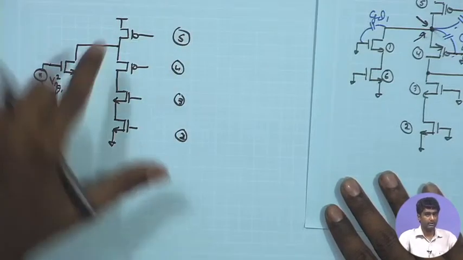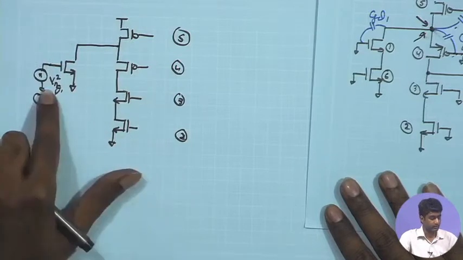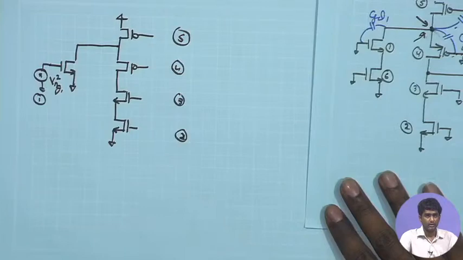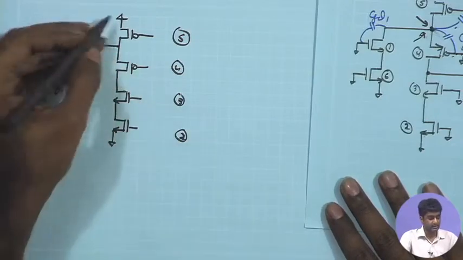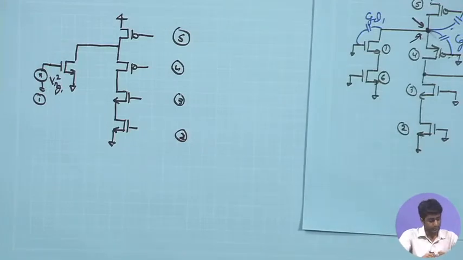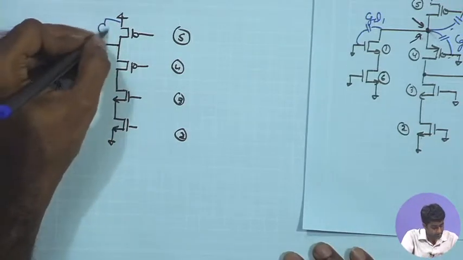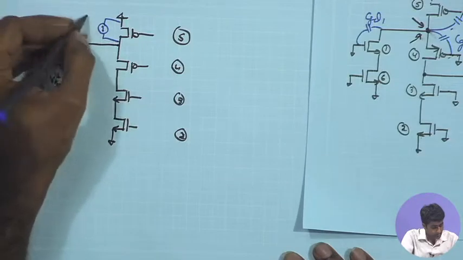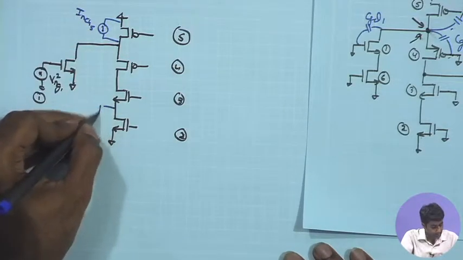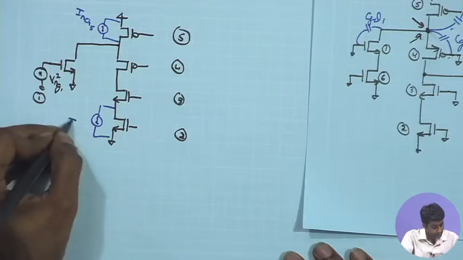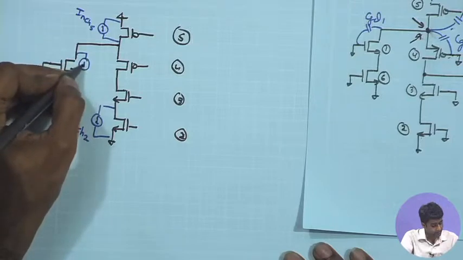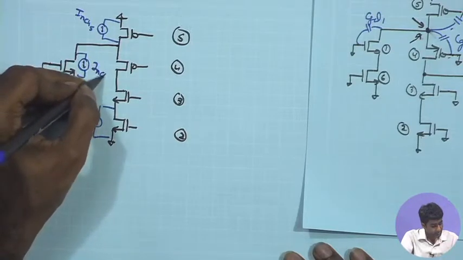Now, looking at the 5th one and 2nd one and also the 1st one, they have their sources at AC ground, and therefore I can easily translate their channel current into an equivalent gate voltage. So, if I model their channel current as I_n,CH5, and likewise I can model this as I_n,CH2, likewise I have I_n,CH1.